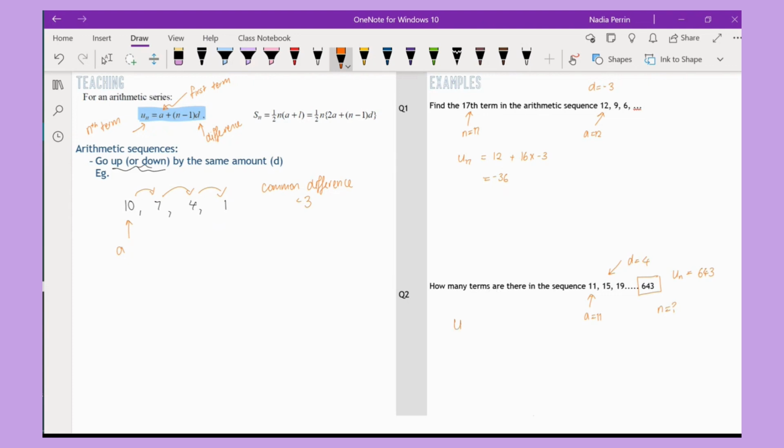So I'm going to take my formula and I'm going to substitute what I know. So I know that the nth term is 643. I know that A is 11. I don't know N, but I do know D is 4. So then I'm just going to expand that. So this is going to become 4N minus 4.